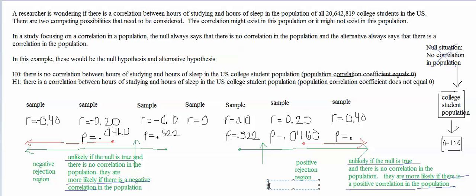So I'll write these conclusions down here. Population has a positive correlation. That's a conclusion if you reach the positive rejection region.